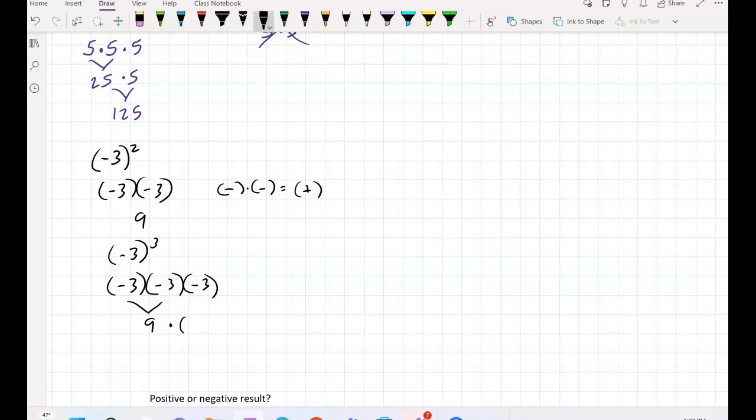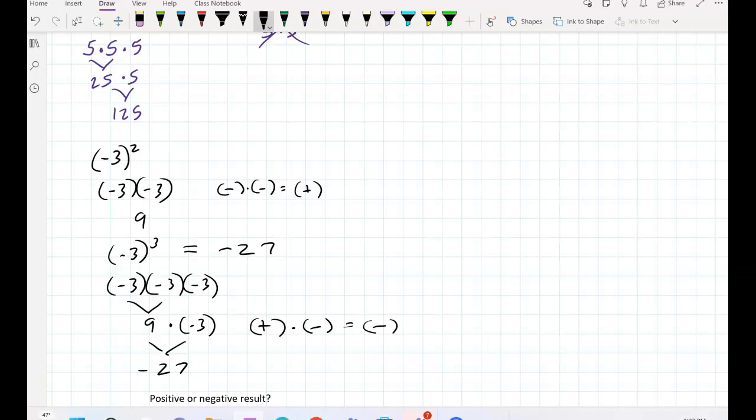Then we multiply that times the next negative 3. And we know that a positive times a negative will always equal a negative. And so 9 times 3 is 27, so that'll be negative 27. So negative 3 raised to the power of 3 is negative 27.